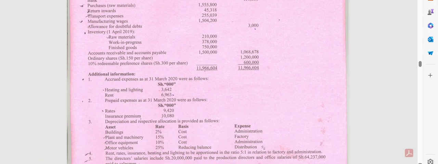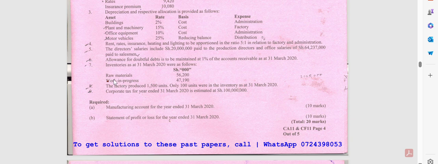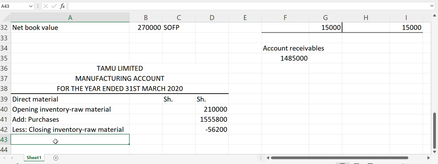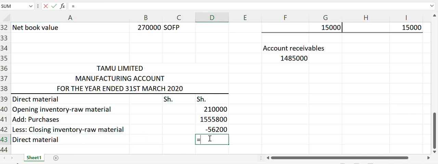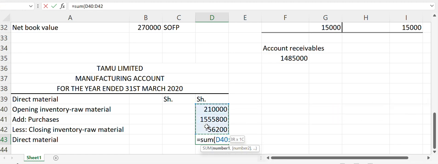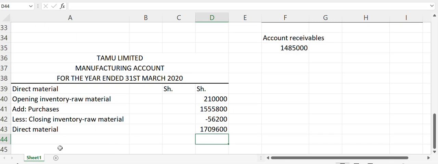If you go to the additional information, number 7, we have the raw material at the end of the year, which is 56,200. So this should now give us the direct material. We add all this.